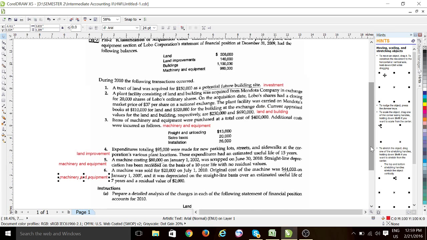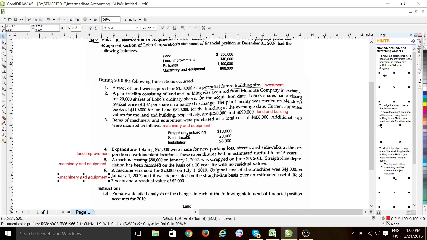Now the transaction which affects the land is only the second transaction, which is acquiring land and building from Mendota Company for 20,000 shares, where on the acquisition date the market price of the share is $37. But this price will be for both land and building.